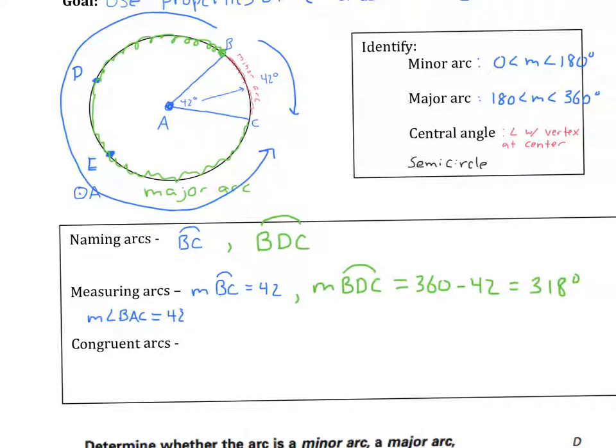Congruent arcs would be arcs in the same circle with congruent measure. And technically, it doesn't have to be simply the same circle. It could also be in congruent circles.